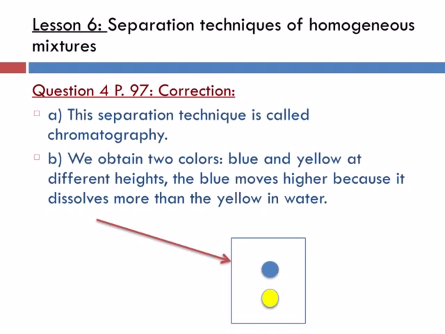In part B, they are asking you to draw how you think the green color would separate on the filter paper. In front of you on the slideshow, I'm showing you that the green color will separate into two colors, yellow and blue. Knowing that the blue will move higher on the filter paper than the yellow because it dissolves more, which means it will be easier for this color to move higher than the yellow one.